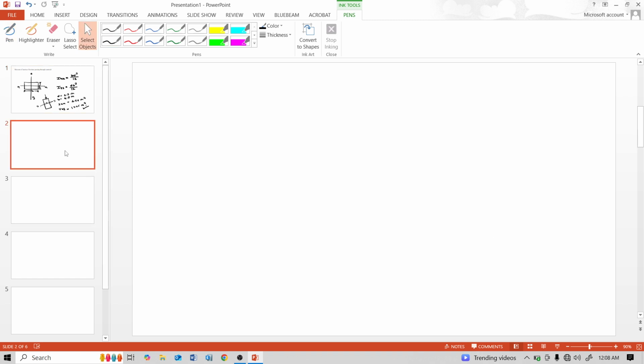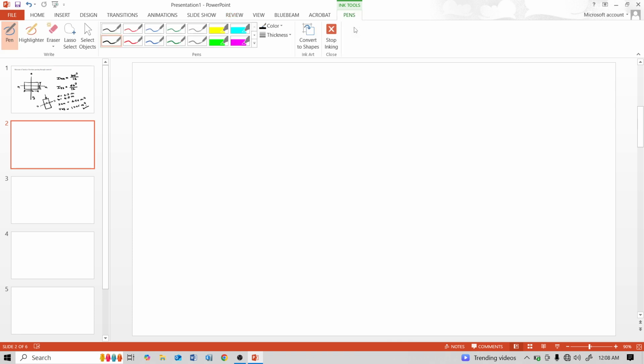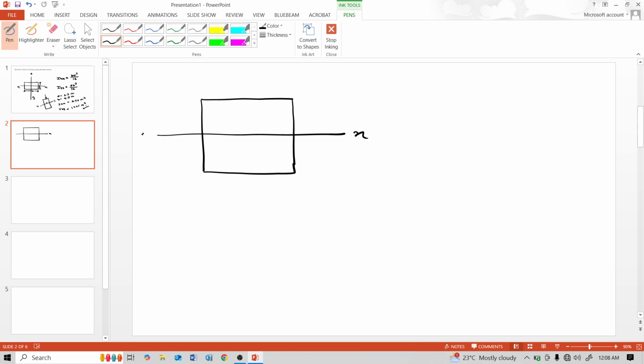Now next is square section. This is square, this is centroid, x and y.